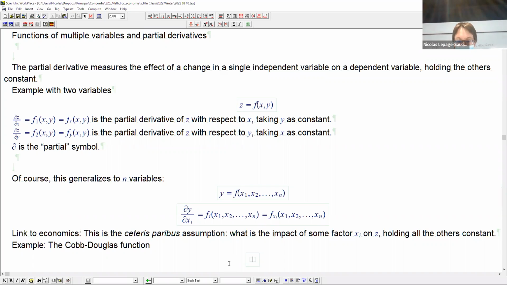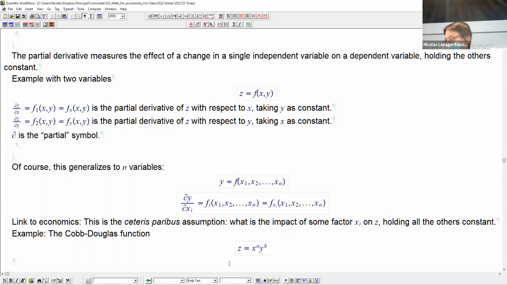So it would be something like z equals x to the a times y to the b. That's a function that we use all the time for utility and sometimes for production that has nice, neat properties that make it quite convenient. Not always so realistic, but useful.